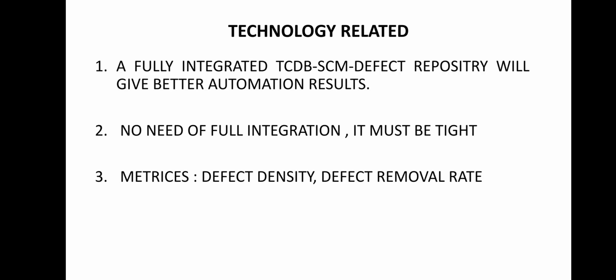So a fully integrated system having a TCDB, SCM and defect repository will give a better automation result, because when you apply automation, then manual efforts are less, and your automation tools are going to extract whatever is desired from TCDB, SCM and defect repository. So it is required that full integration must be there.